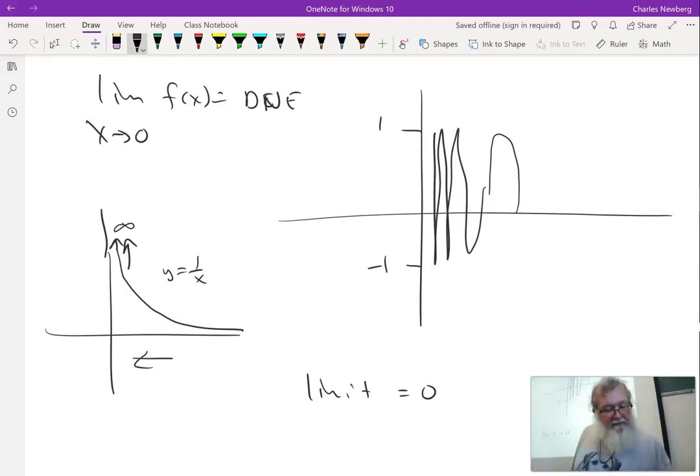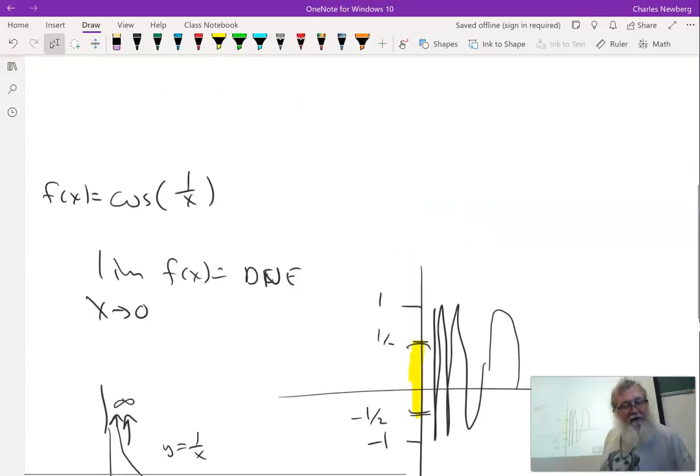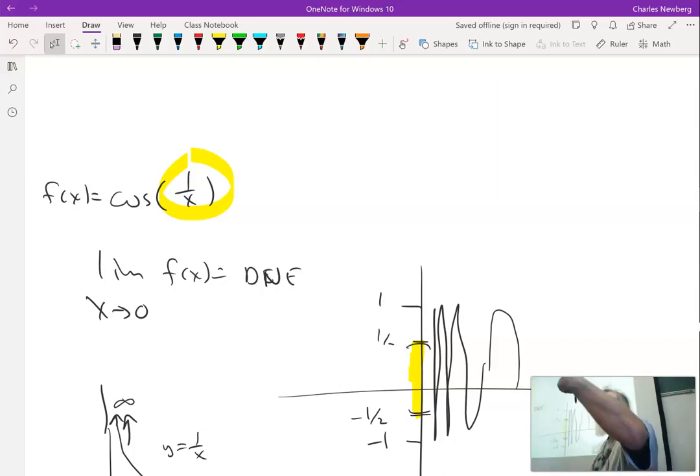I should be able to find some interval on our domain where we stay in between. But as we get there, we keep going back and forth between -1 and 1. It's that bouncing back and forth again, that 1 over x. As we go, we're running around that unit circle faster and faster, so we're just going back and forth.